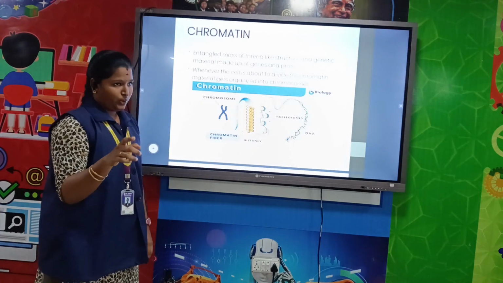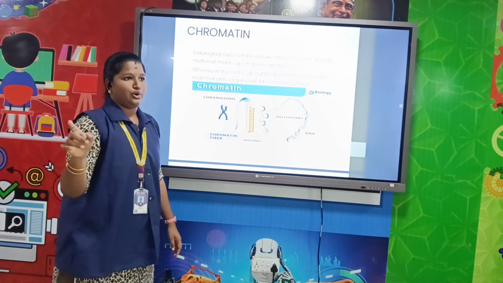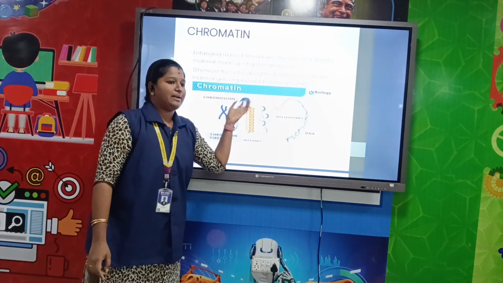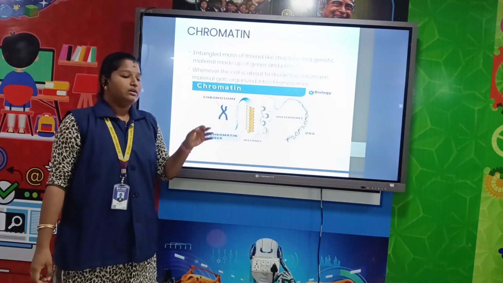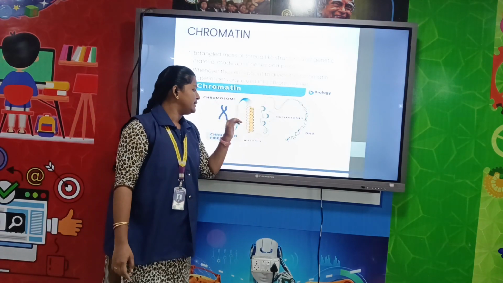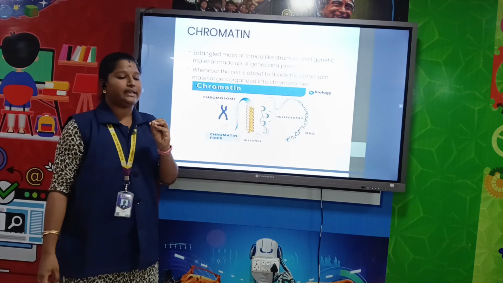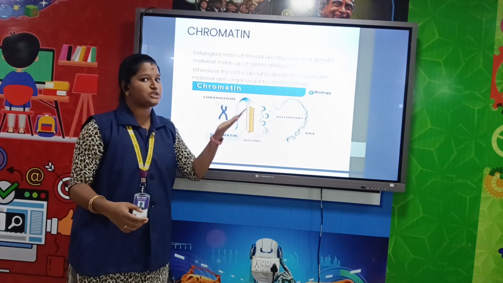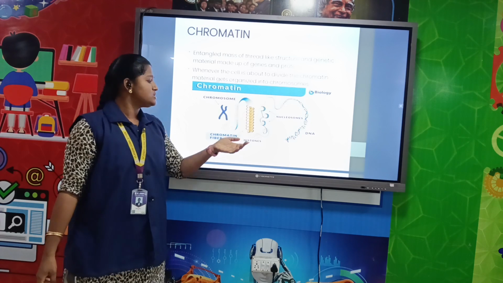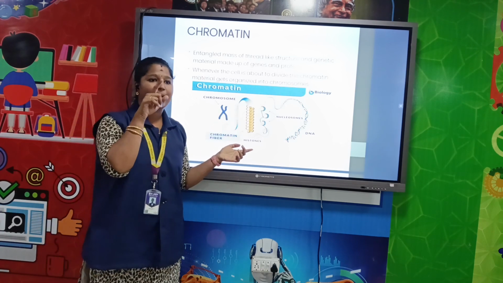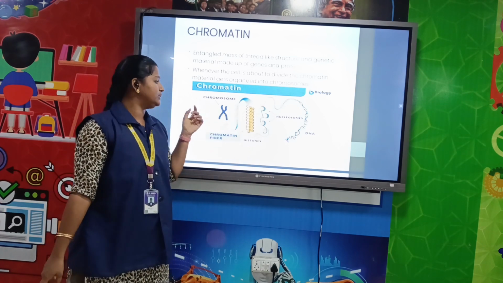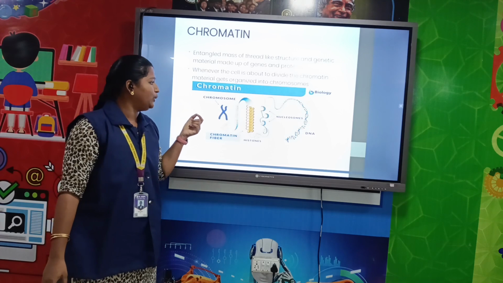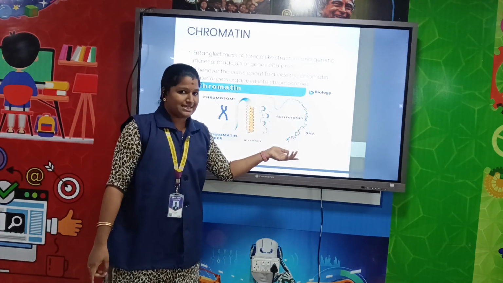So just note it down: DNA plus nucleosome. Nucleosomes are binding proteins. Next one is histone. Histones are linker proteins. Histones help to link the DNA as well as the nucleosome. Totally histones have 8 proteins. They help to attach the nucleosome as well as the DNA.